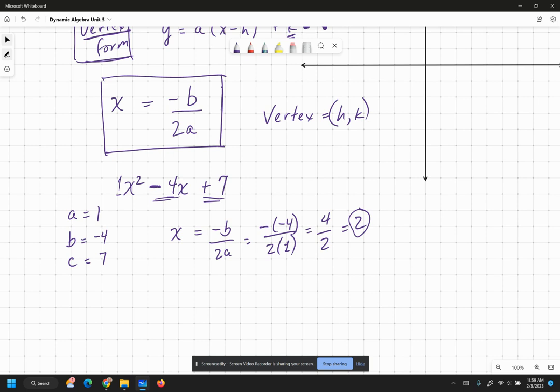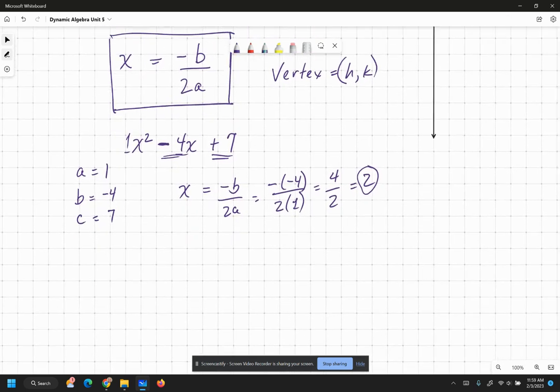Now, to find the y coordinate, we simply insert our x coordinate into the equation. So we know our equation is x squared minus 4x plus 7. We put 2 in for every x. 2 squared minus 4 times 2 plus 7.